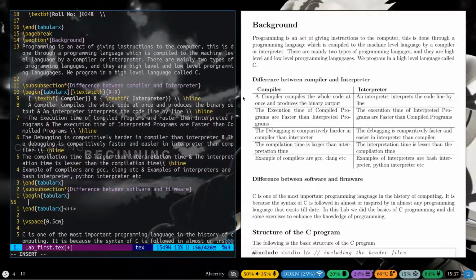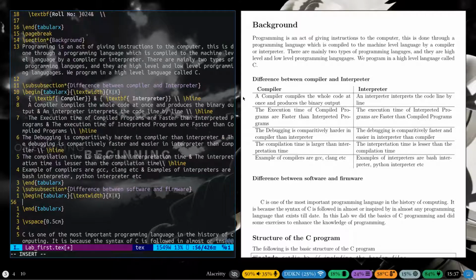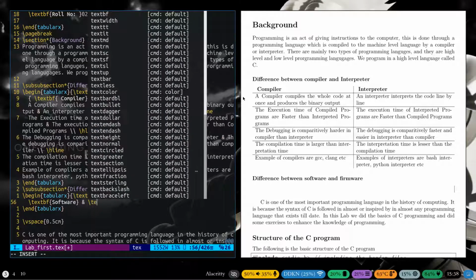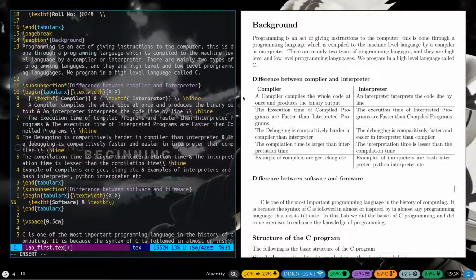Text with X, okay. Text BF, software and there's BF, that's line.